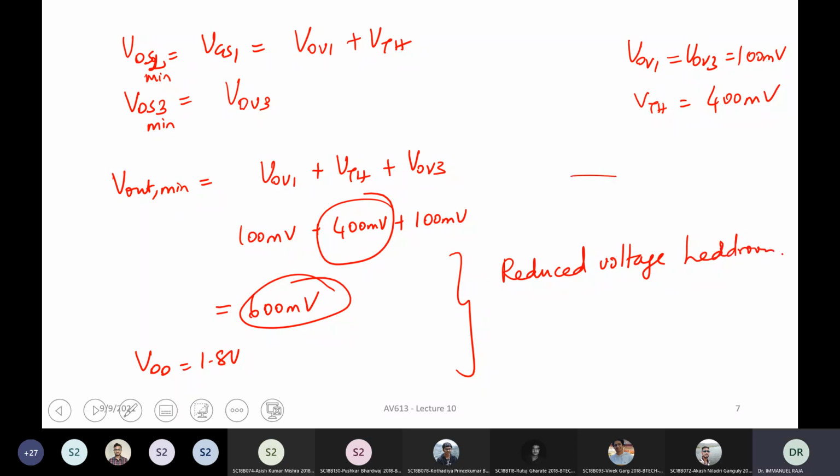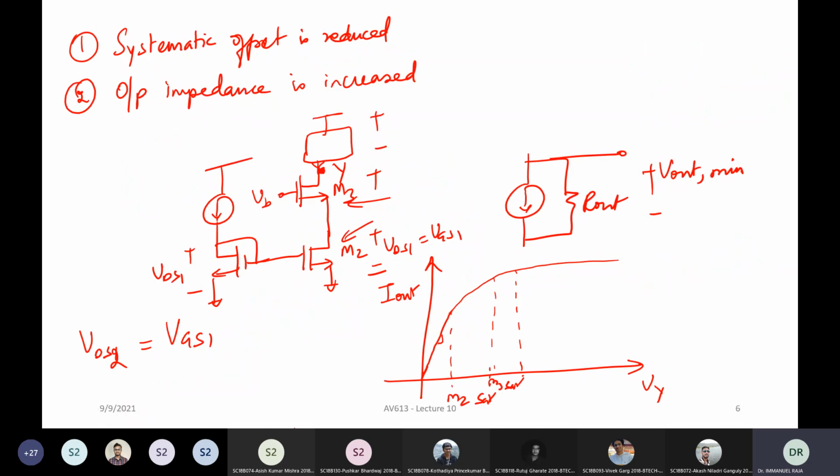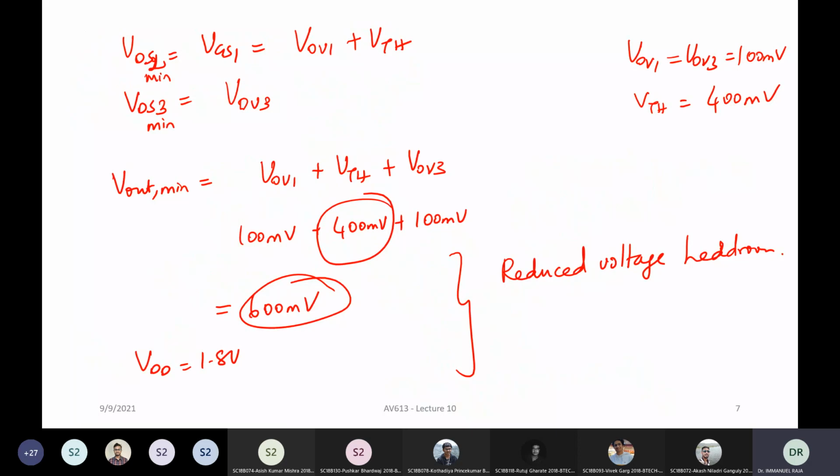Because when you use a current mirror like this, let's say this is 1.8, and you want 0.6 volts, here you have only 1.2 volt to work the rest of your actual circuit. Your amplifier and other things are in this box above the current source, and that has only 2/3 of your actual supply voltage, which means everything is now going to get crunched. All right, so this is a problem.